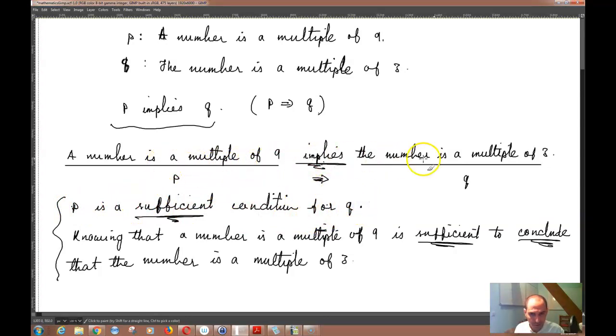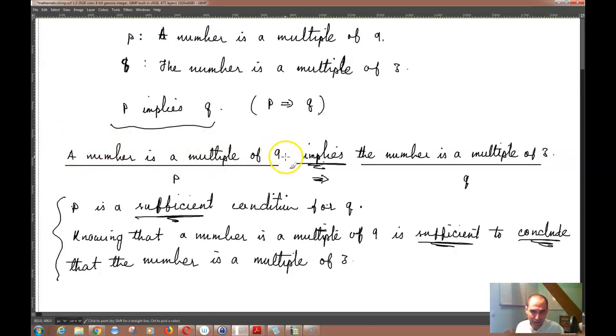You need to learn this exactly the way that it is. Basically P is a sufficient condition for Q, and I think it's helpful to also learn this example as well. This is the kind of example that you might be able to remember all the time.